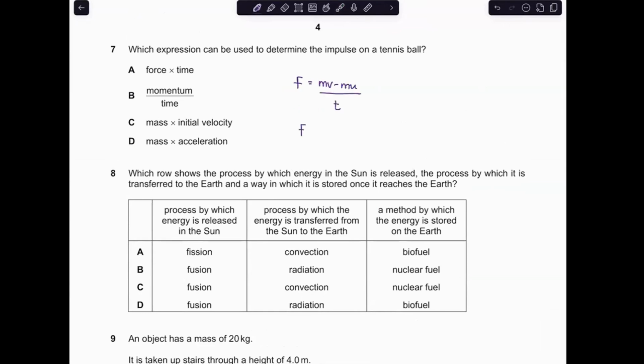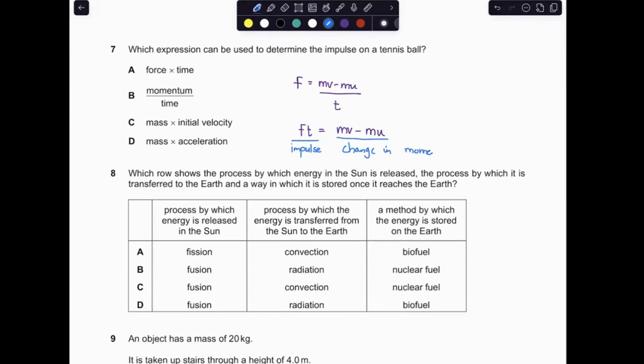And if you just rearrange that, you get Ft is equal to mv minus mu. The product of F and t, meaning force and time, that is what we call impulse. And the magnitude of impulse, as you can see from this equation, is always equal to the change in momentum.